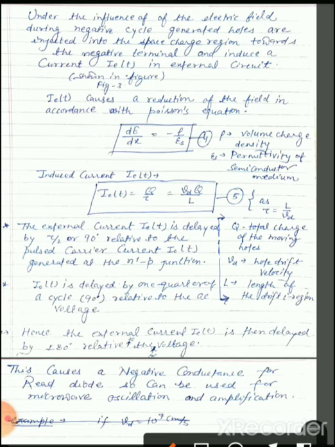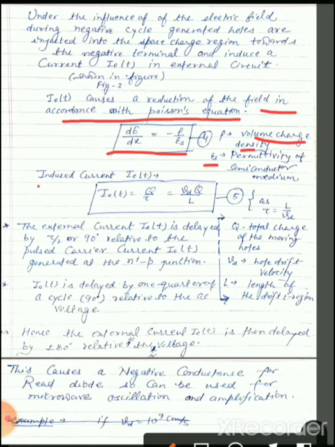The reduction of the field will be in accordance with the Poisson equation, which is dE/dx = -rho/epsilon_s, where rho represents the volume charge density and epsilon_s is the permittivity of the semiconductor material or medium.